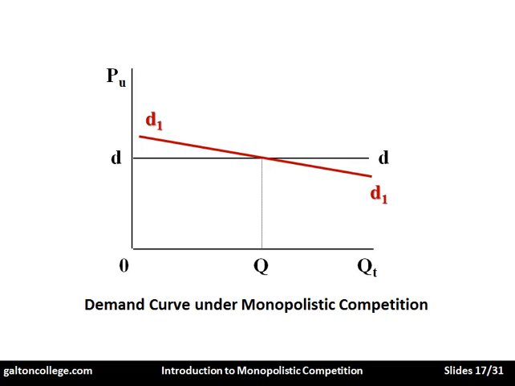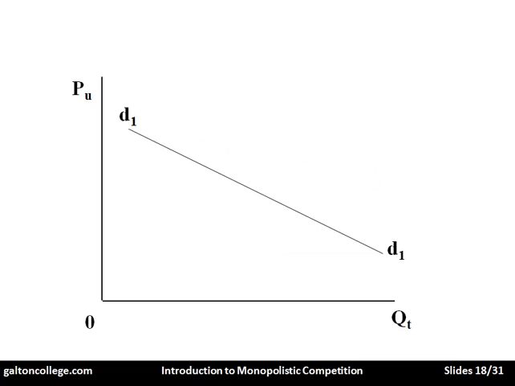So perhaps under monopolistic competition, the demand curve could be seen as D1, D1. Here I've exaggerated the slope of the demand curve, but let's say that's the demand curve under monopolistic competition.